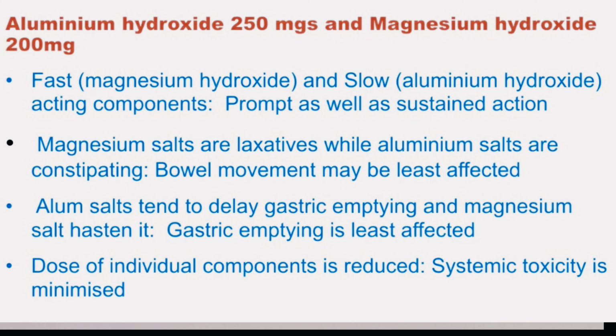The gastric emptying is least affected because aluminum hydroxide delays it and magnesium hydroxide hastens it. Both drugs neutralize each other's side effect and produce balanced action. So this is why magnesium hydroxide and aluminum hydroxide is a rational drug combination.